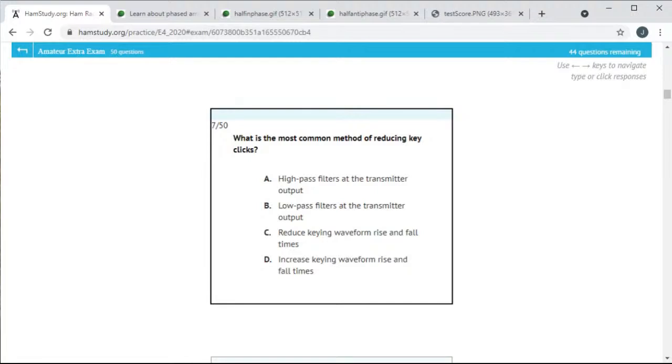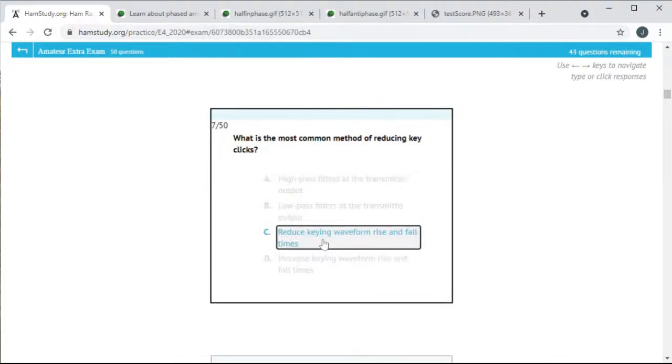D, increasing keying waveform rise and fall times. I had this question last week, and I got it wrong. And I don't remember what the right answer was. I'm going to go with reducing keying waveform rise and fall times.